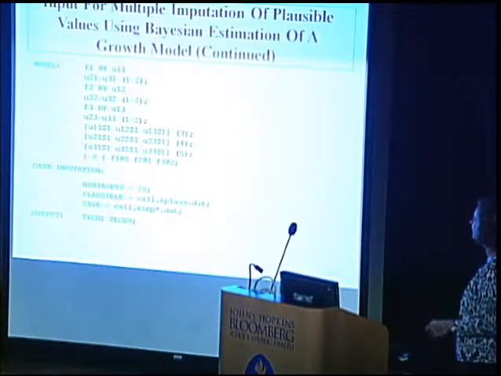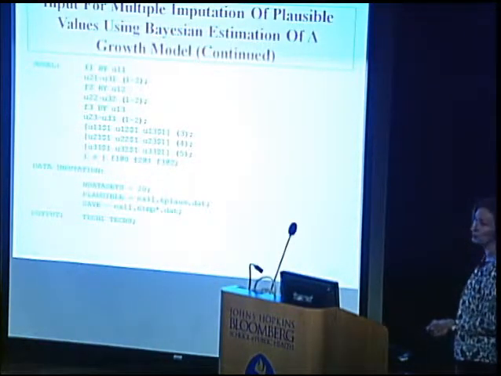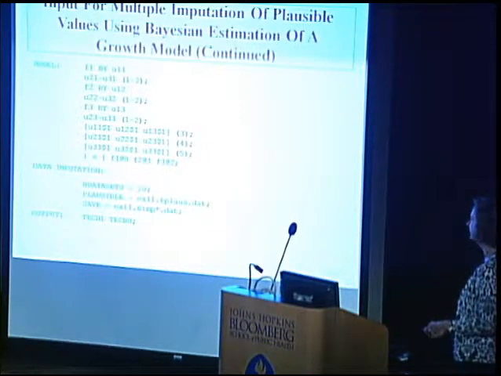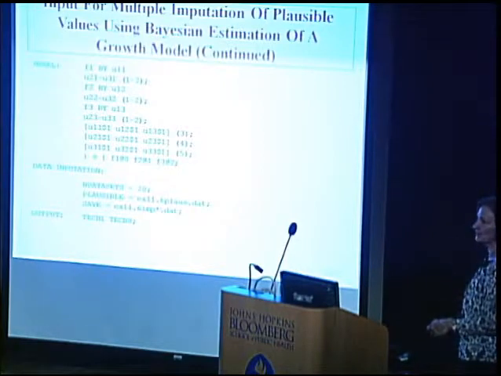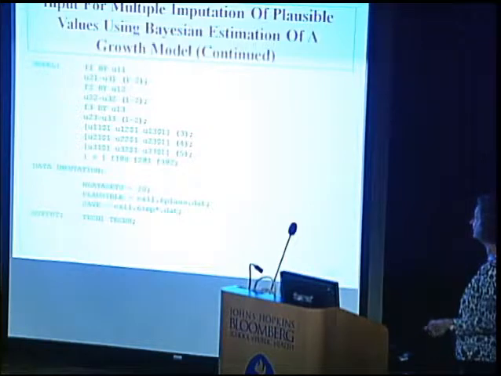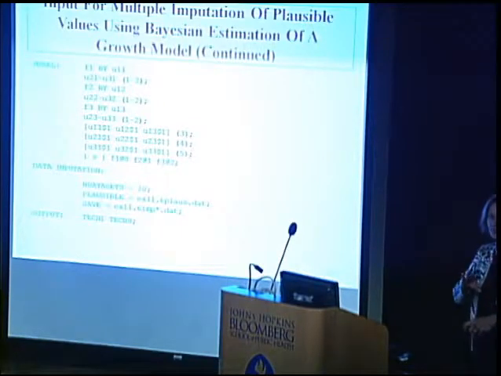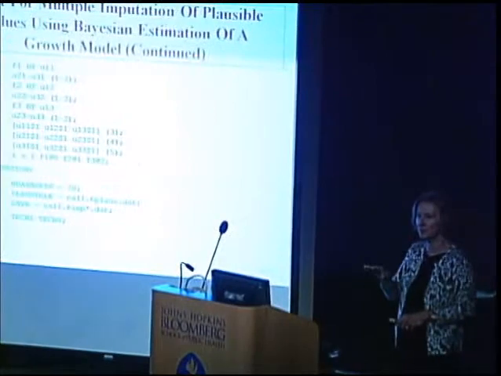Now, in our data imputation command, we're saying that we want to save 20 data sets, and we're also saying that we want to save the special plausible value file. When you say plausible equals, two things happen. We save all of the plausible values in each data set, but in addition, we have that special summary data set that Bengt talked about, where for each individual, we give you some summary statistics for their plausible values.